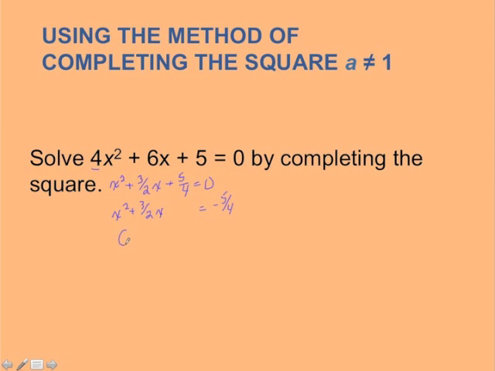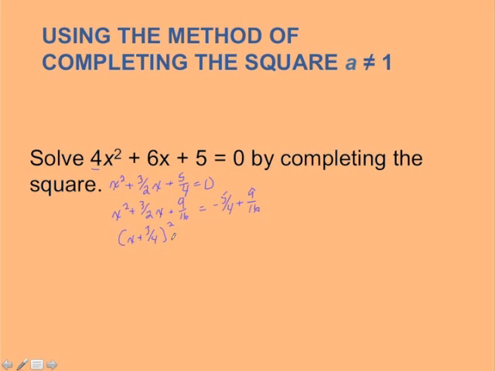Now I want to find my square. This is positive. This is always the same sign as the middle term. Half of 3/2 is 3/4. Squaring, I'll get 9/16. And I have to add that 9/16 to both sides.